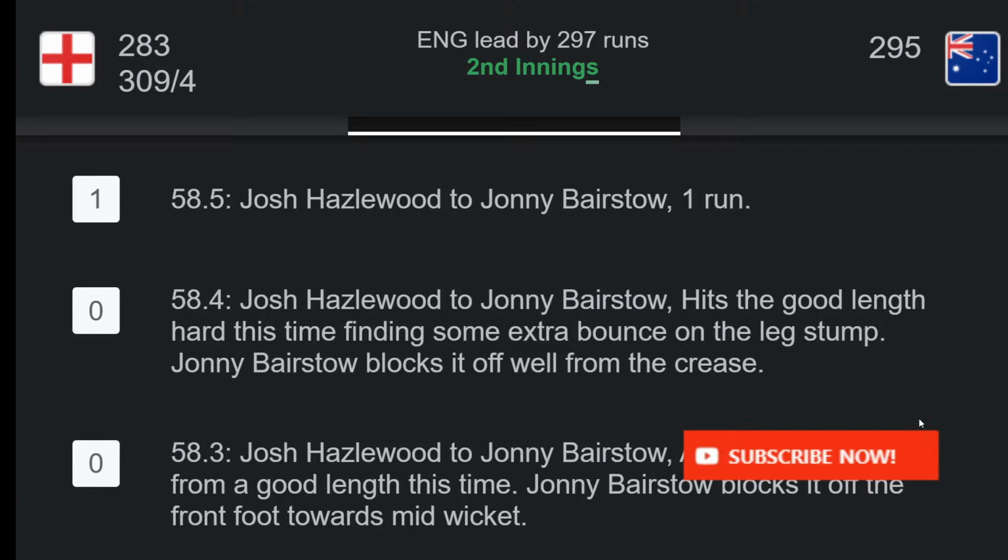Josh Hazlewood to Jonny Bairstow, 1 run, so total 309 for the loss of 4 wickets. England lead by 297 runs.